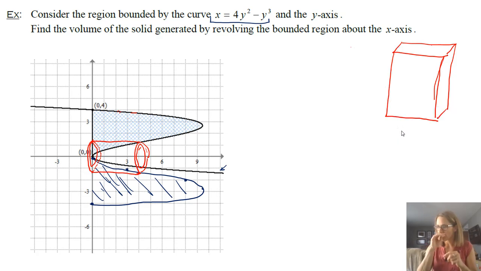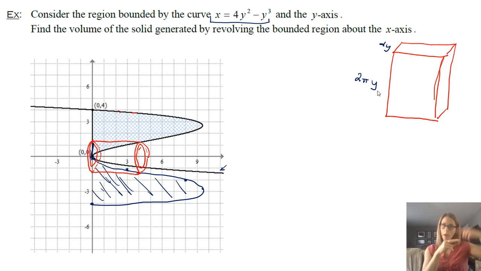When you're looking at this, a couple things to think about is the thickness is still the dy. In this case, if that shell was to be stretched out, the radius is just this distance here, and that distance is just how high you're going along the y-axis. So that's why this piece is 2 pi y: if you were to stretch that out and measure that, it's going to be the circumference of that circle, and the radius of that circle is just y.